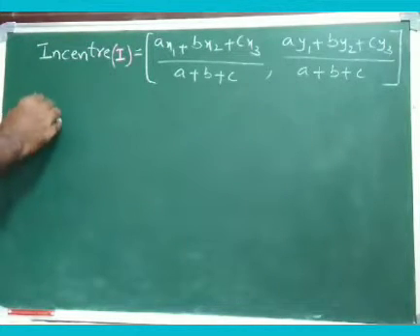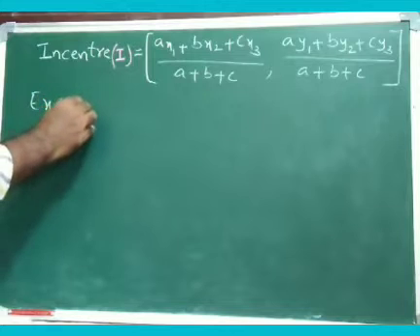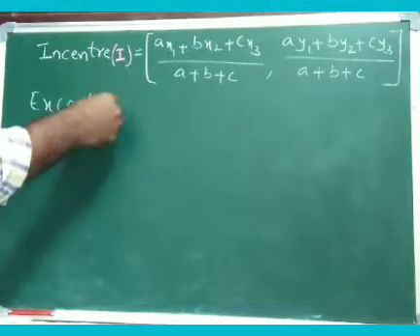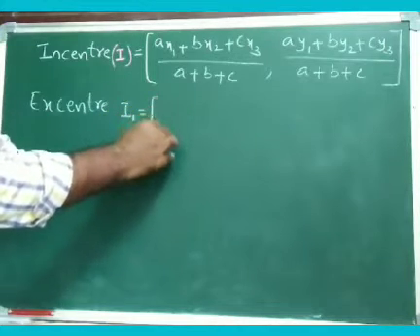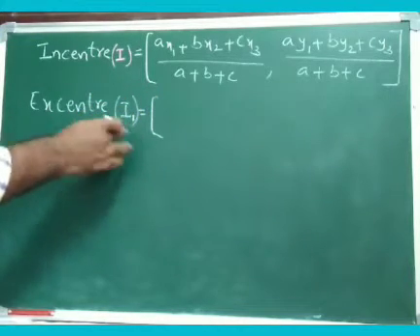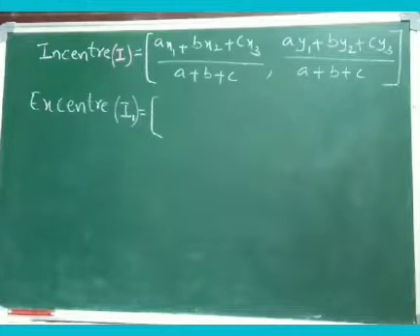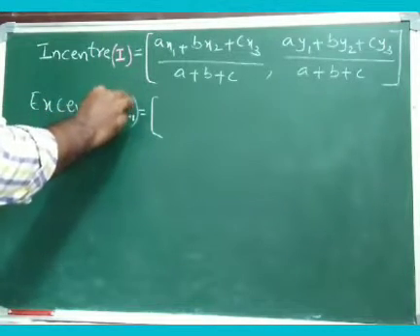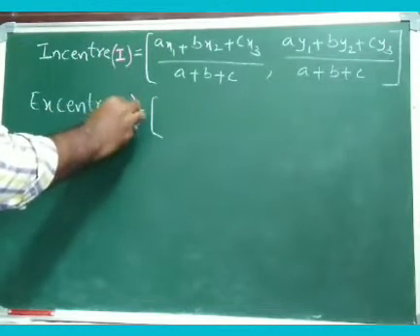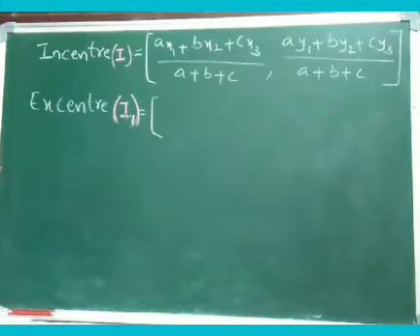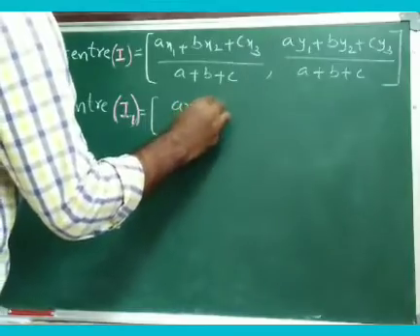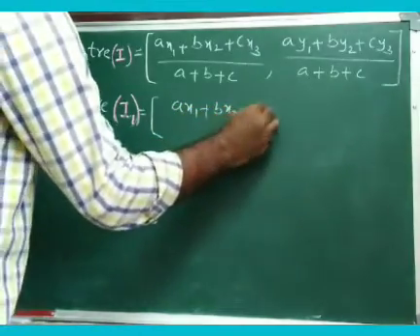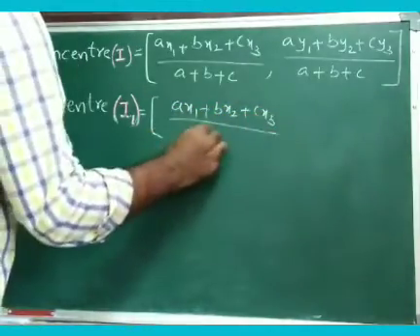Now let us discuss the excenter formula. There are 3 excenters now. First of all, I1, which is the excenter opposite to vertex A. The formula is the same: (ax1 + bx2 + cx3)/(a + b + c), comma (ay1 + by2 + cy3)/(a + b + c).